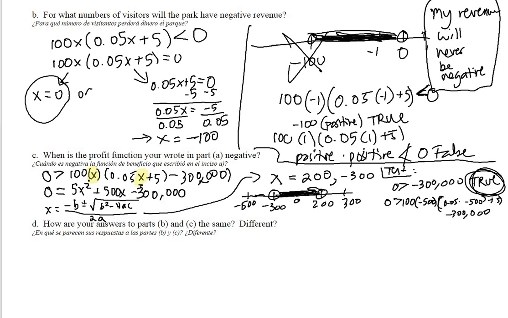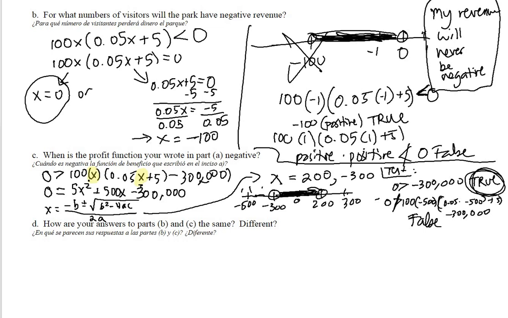And what I get is a number that is larger than 0, so this is false. Yeah, if your solution region is in the middle, it's going to exclude the other sides. So this is just going to have answers in the middle.